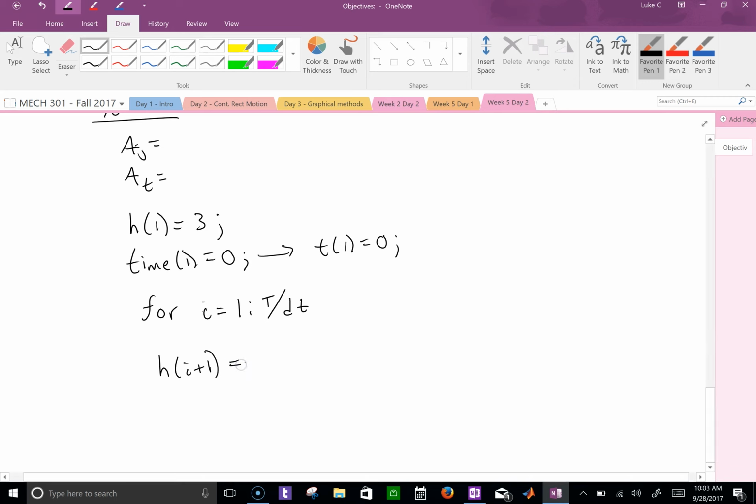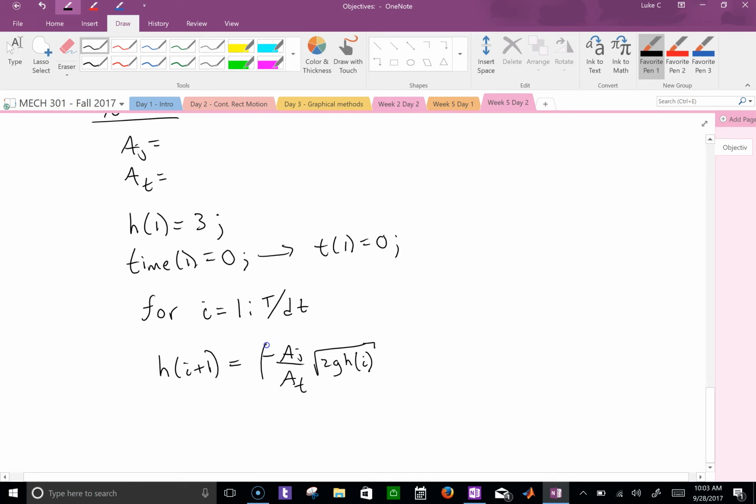Equals negative a_j over a_t times square root of 2g, and this would be h of what? What did we use in our equation? H of 1. So it would be h of i, because say i is 1.